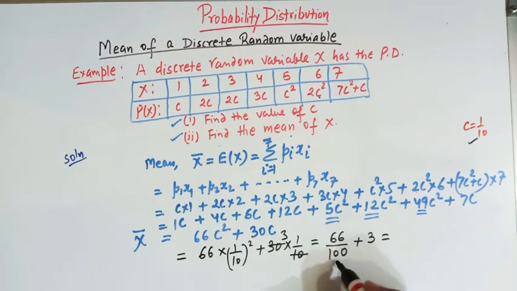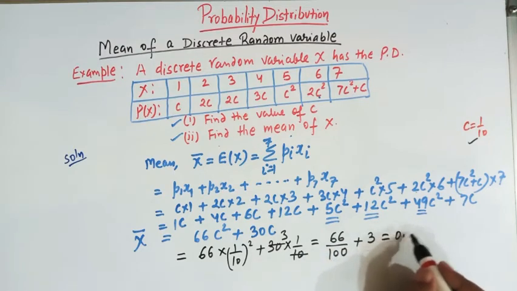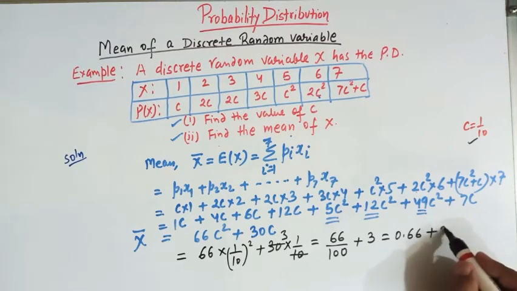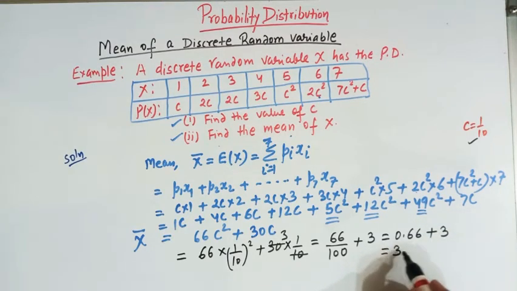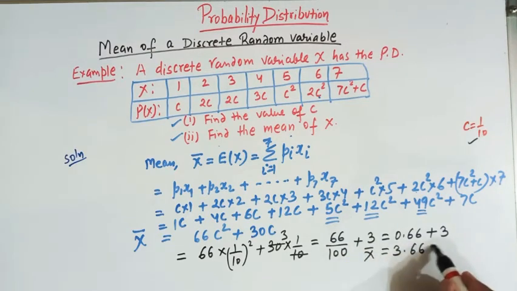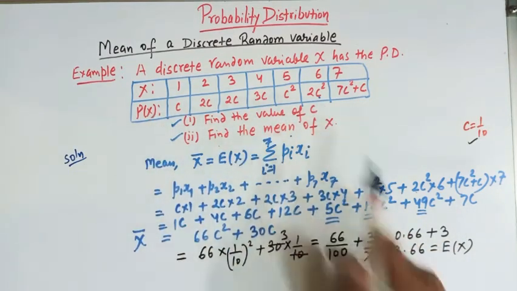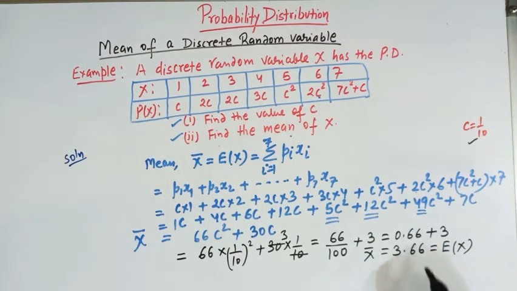Now 66 divided by 100 is 0.66, plus 3, so this is 3.66, right? So the expectation value or the mean of this distribution is 3.66, right?